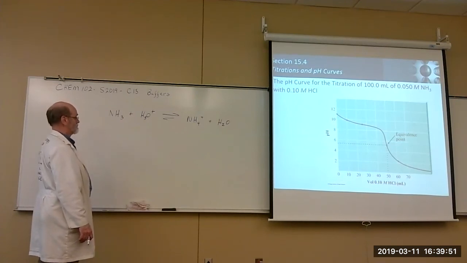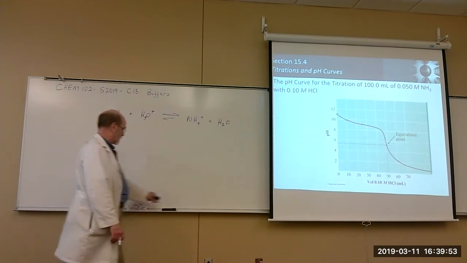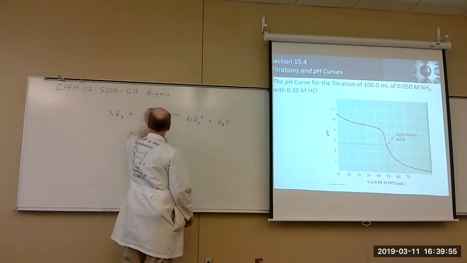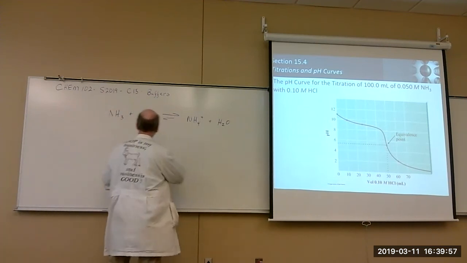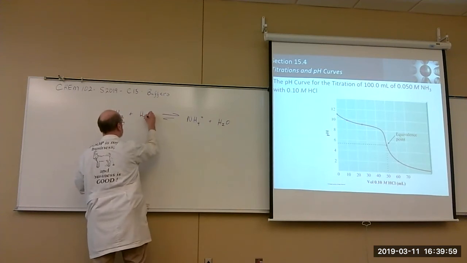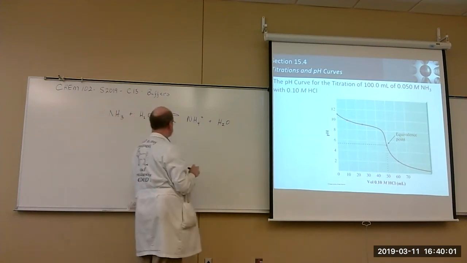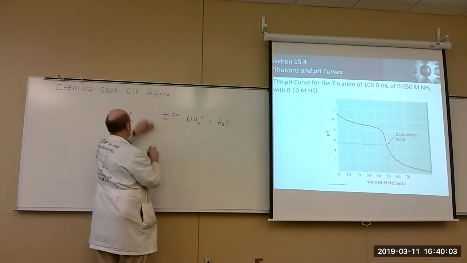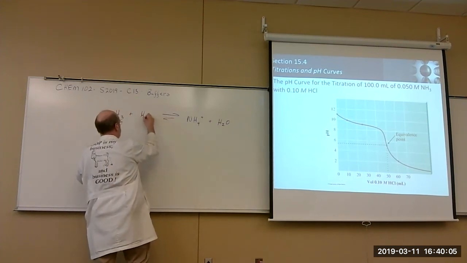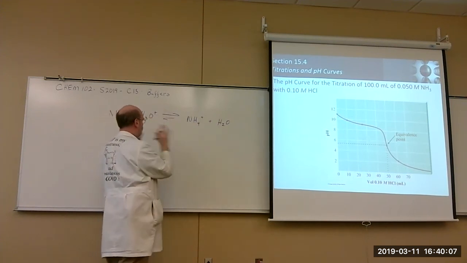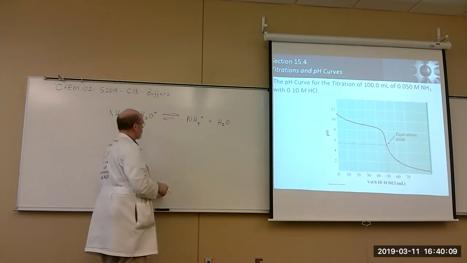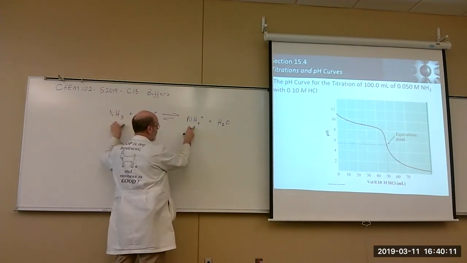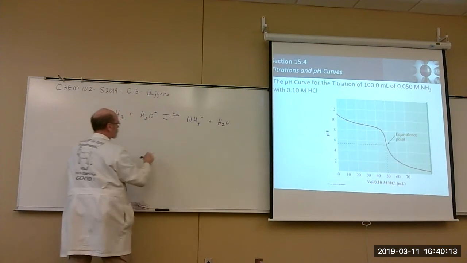Actually, the controlling reaction would be that. No, that would be the equilibrium reaction. This is the stoichiometry. We'll produce so much of this and so much of that.